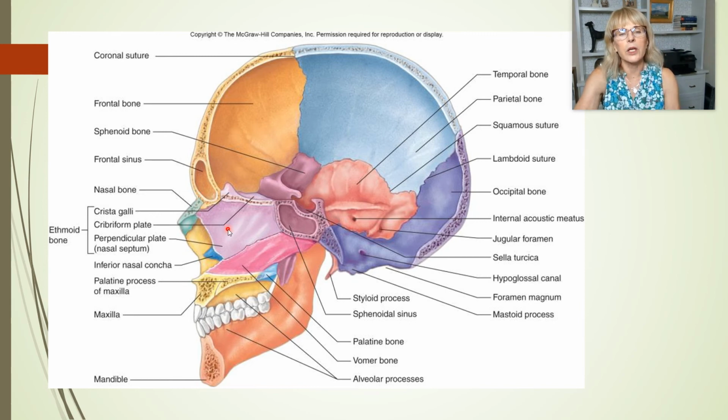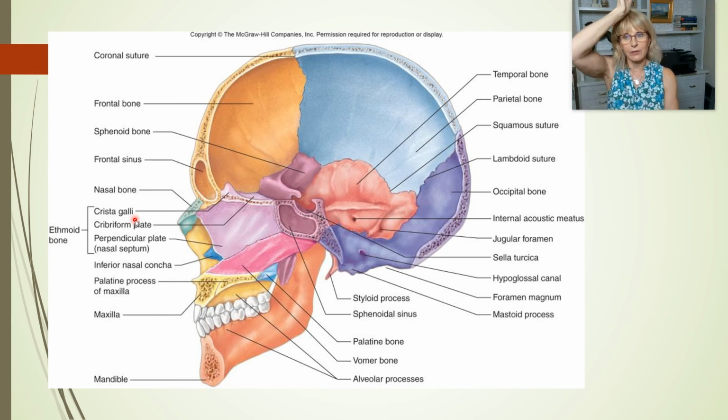Now, the ethmoid bone can also be seen from the inside of the skull, and this is what we very often ask you about, so make sure you understand this. On the inside, the brain is actually touching this area called the cribriform plate, and this little bump here, that's called the crista galli. By the way, crista galli means the rooster's comb.